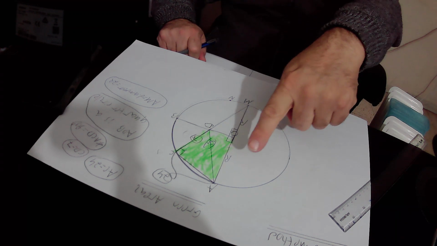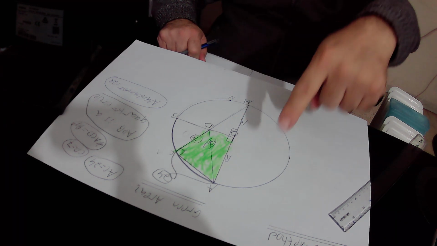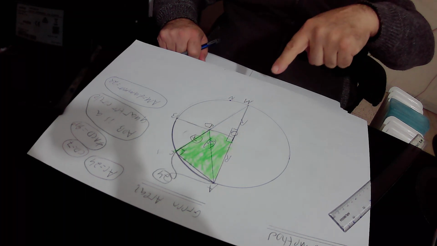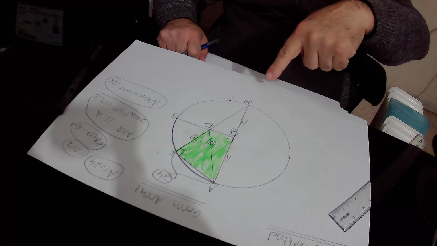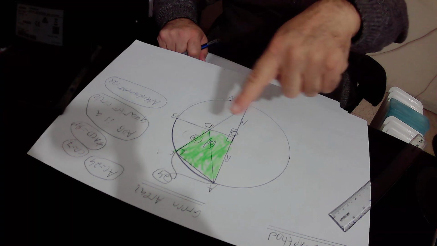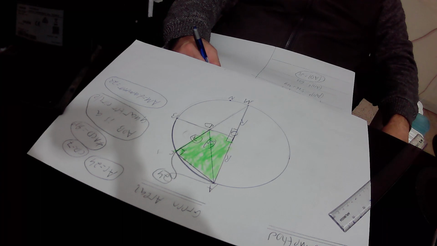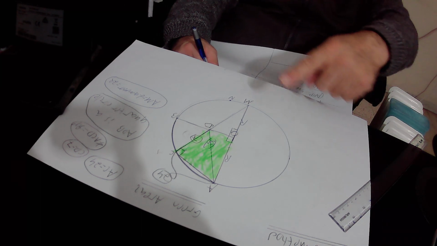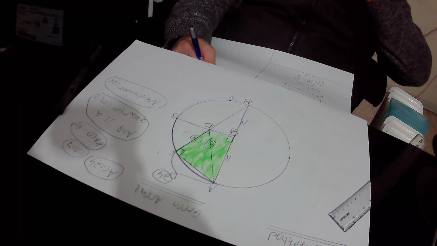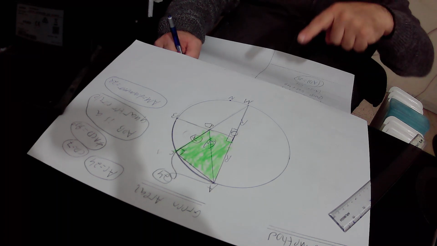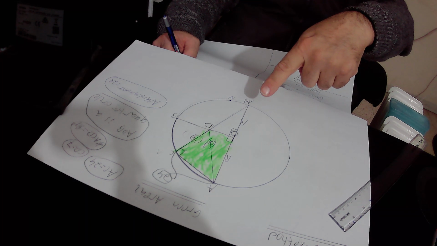In the next step, we will prove that the green right triangle AOD is congruent to the white right triangle MOD. So I write it down: the green right triangle AOD is congruent to the white right triangle MOD.